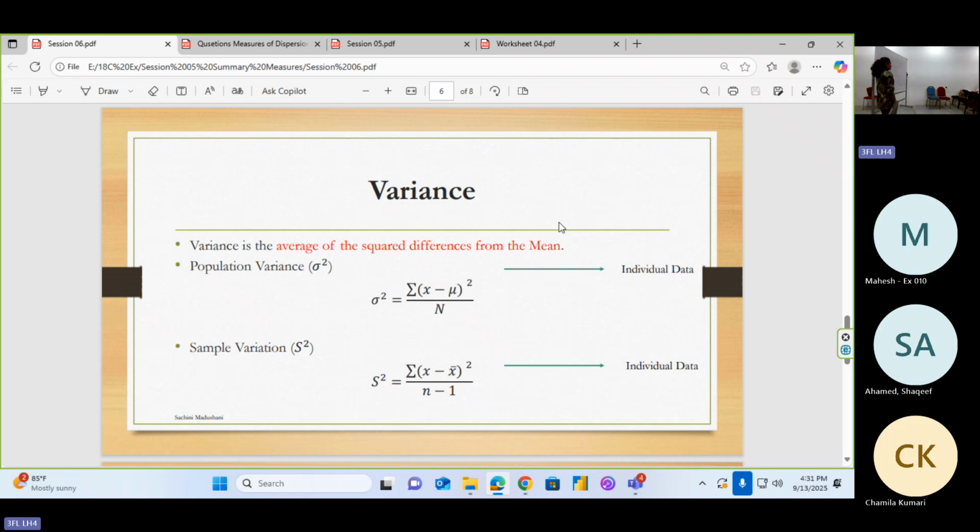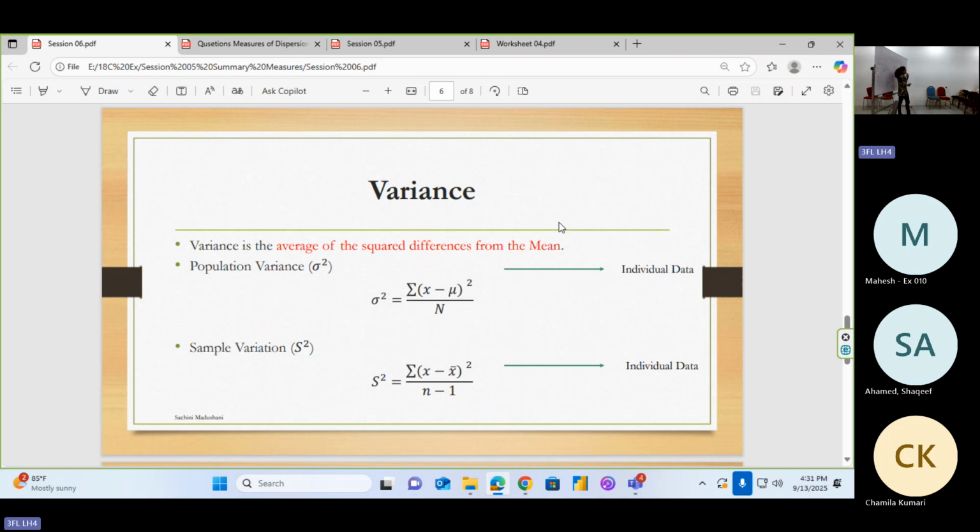What is the reason? We take the deviation values and square them, so there is no negative value. Then standard deviation cannot be negative. Therefore, we take the positive square root of the variance.